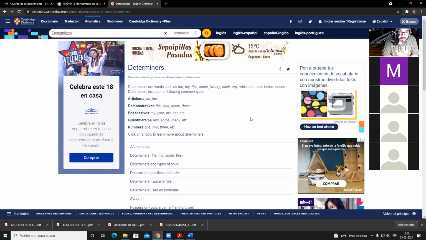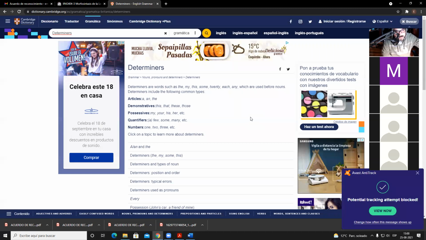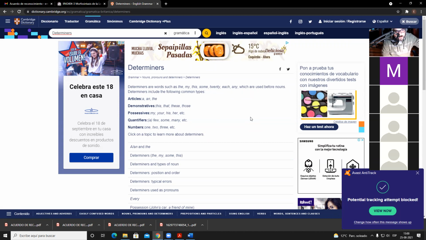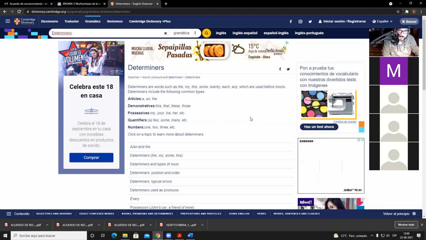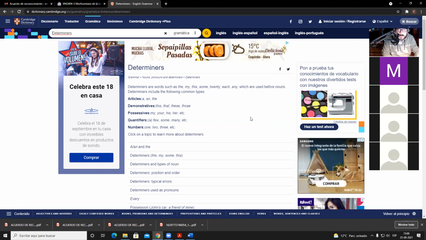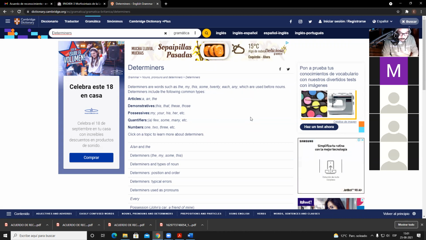You can have quantifiers and numbers. It is quite interesting to notice as well that articles state the difference between definite and indefinite. That is to say, when I use the definite article the, then what I'm doing is letting the receiver know that both of us are sure about what we're talking about.